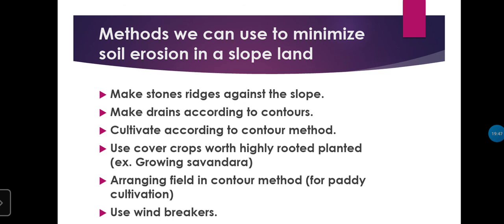Arranging the field in contour method, for example, paddy cultivation we can do in a contour method. Use windbreakers. These are the methods we can use to minimize soil erosion in a slope land.